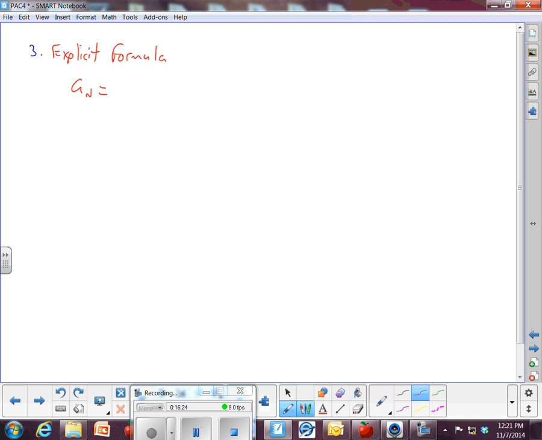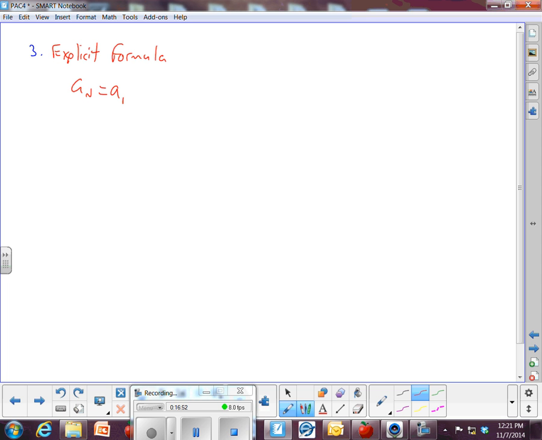If you remember the explicit formula for an arithmetic sequence, what came next? Anybody remember? What's next? Alexandra? Very good. It was a sub 1, and it's a sub 1 again, because we're doing the explicit formula. Now, for the arithmetic, we had plus parentheses n minus 1 times d.